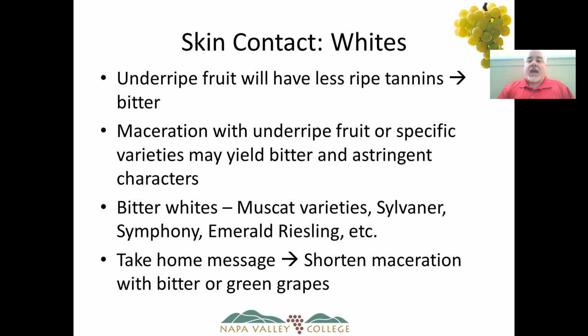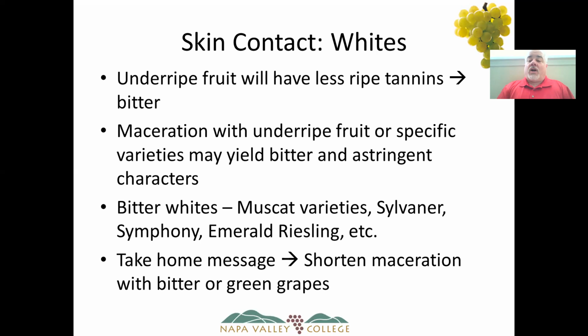You really have to be careful about being gentle and only getting the juice without extra skin and seed influences, because the skin and seed is going to compound the problems from the underripeness.